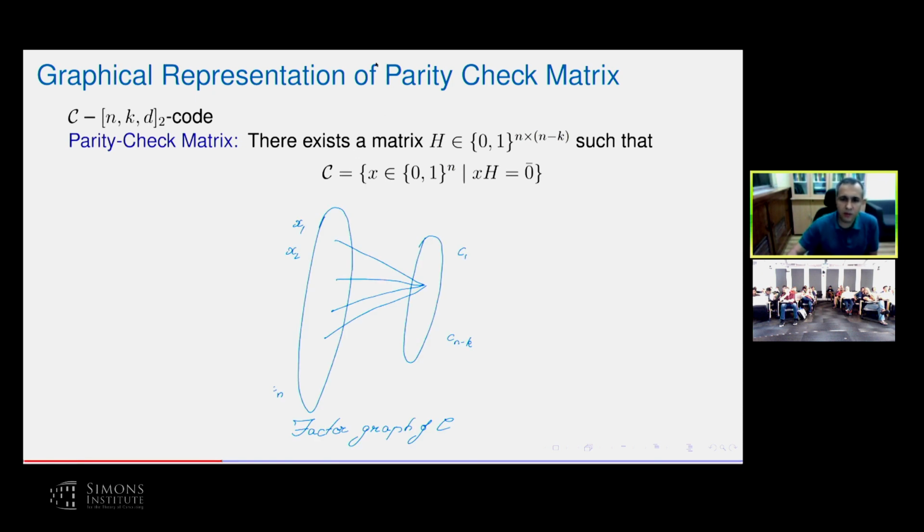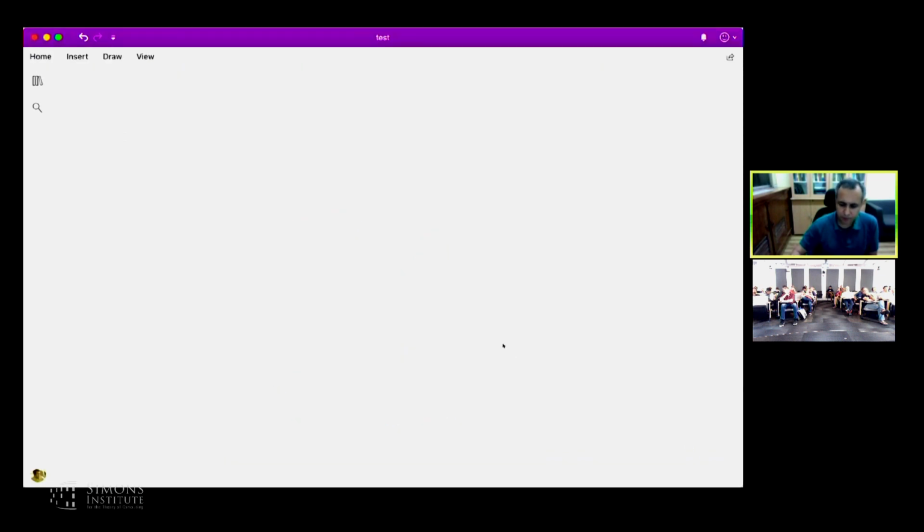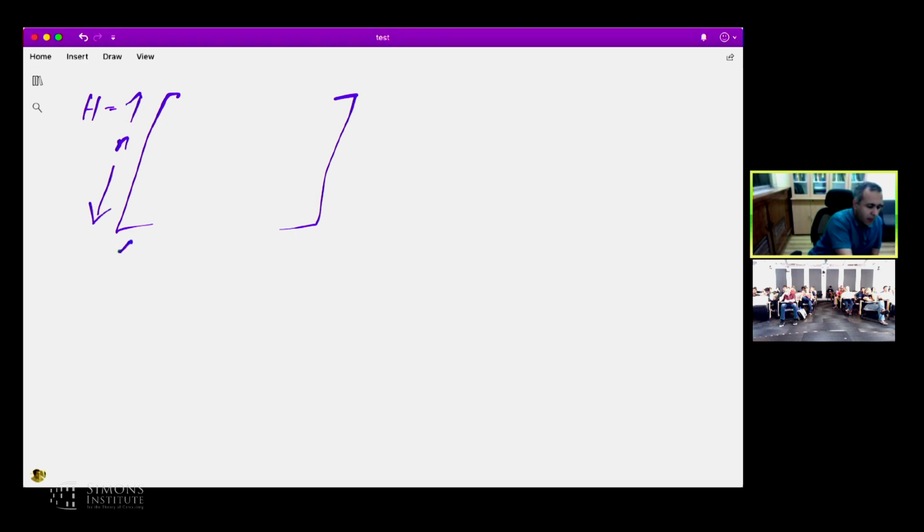Let me just do this. Can people see the notebook I'm using over here? Yes. If the parity check is this n by n minus k matrix, we view each of these as the n minus k constraints.